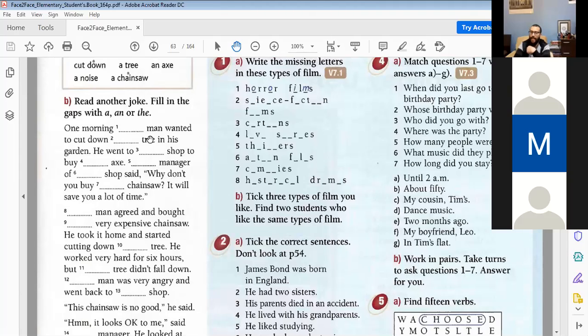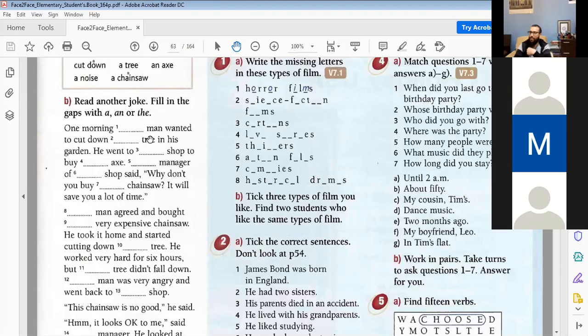So for example, if I ask you, when does your class start? You will say it starts at 4 o'clock. When does it end? When does it finish? At 6 o'clock, for example, right? So when is for time. I don't know. Okay, no problem.